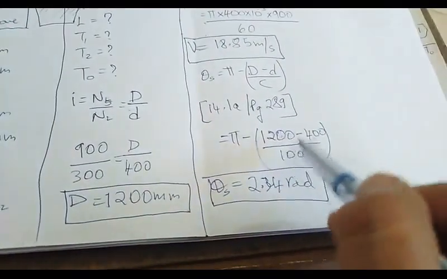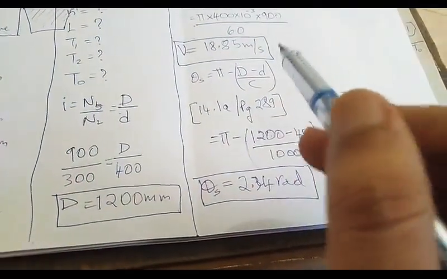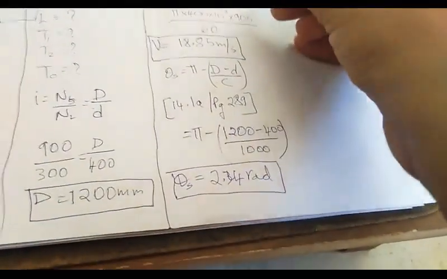If you take this formula, you will get directly in radians. In the data handbook there is another formula; if you take that formula, you will get the angle in degrees.